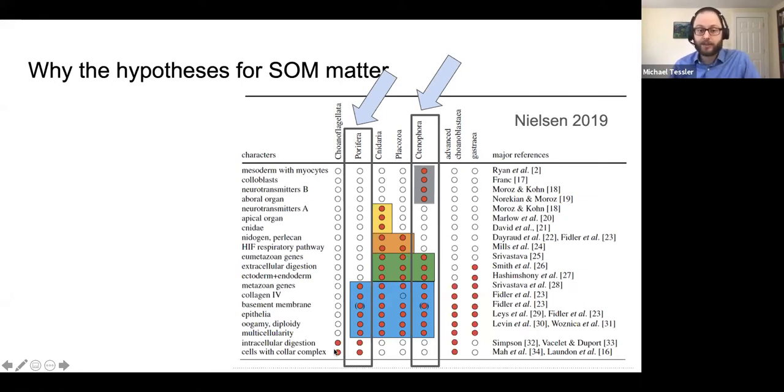They also share things with what is believed to be the sister group to Metazoa, which is the choanoflagellates. As opposed to ctenophores, which don't share characters with choanoflagellates morphologically, at least not based on this study, and they share quite a bit with other groups like cnidarians and placozoans, as well as this core group of characteristics.